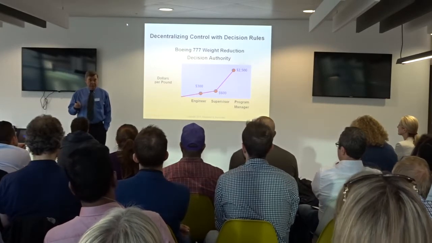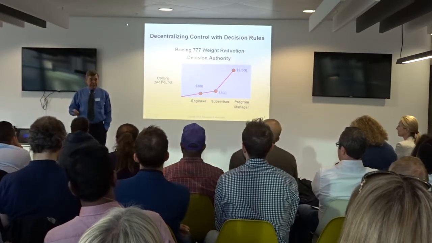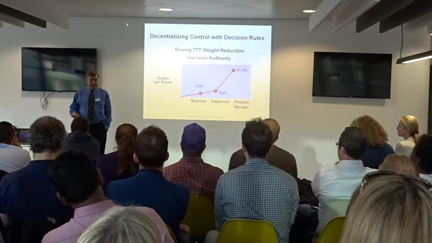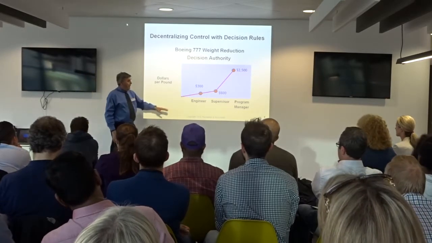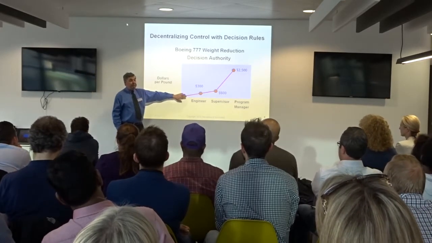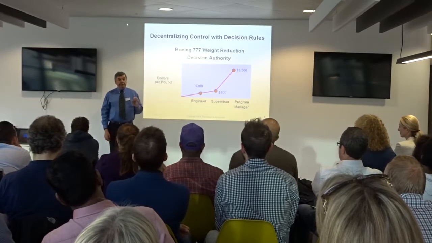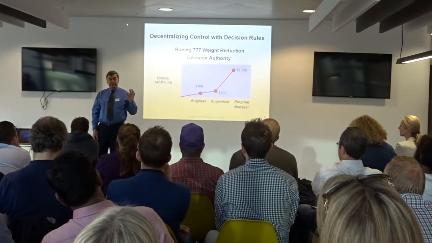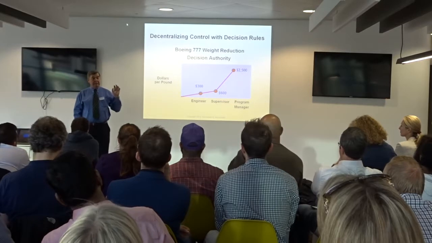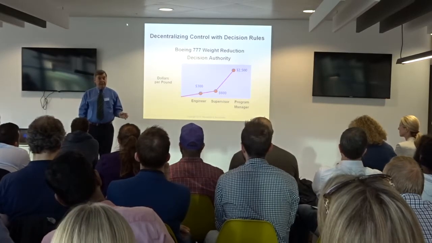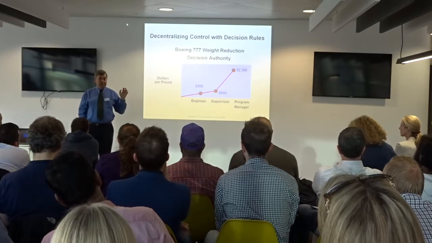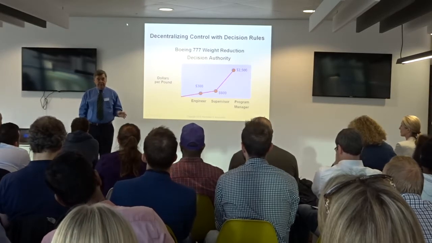And when they did a weight roll-up, the plane was overweight, and they said, we're going to lose hundreds of millions of dollars. We need to do something. They came up with an interesting approach: every engineer can buy weight for $300 a pound. If you can do a material substitution or a design change that removes a pound of weight for less than $300 impact on unit cost, you have immediate permission to do that.